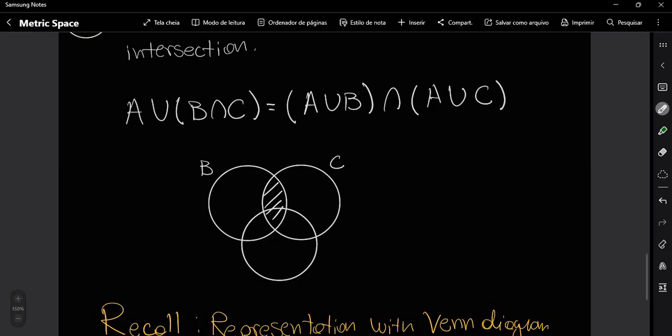Now, if you find it difficult doing this, let's use the right side of the equation. So this will help us.